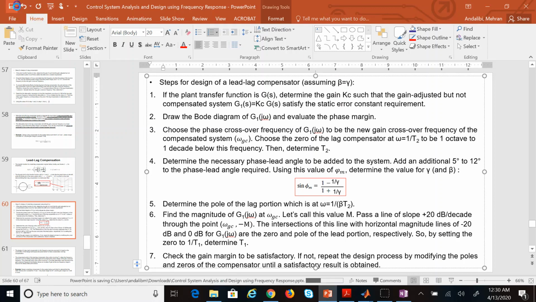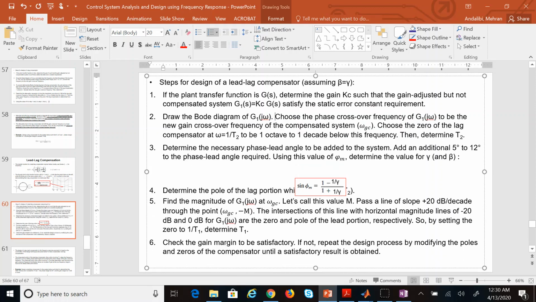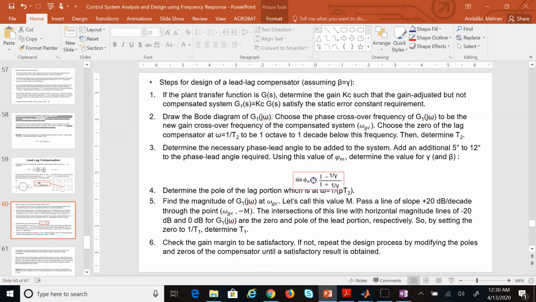This is just like what we had in the past, no difference. And then draw the Bode plot of this new gain modified system G1 and evaluate the phase margin. Okay, so we'll do that. And I can even get rid of this part. I don't think I need that portion. So I'm just trying to clean it and make it as nice as possible.